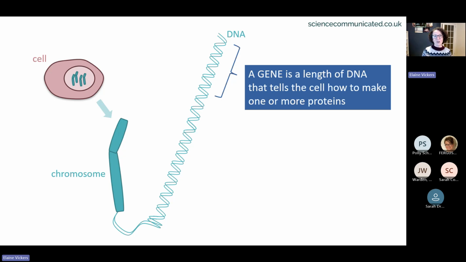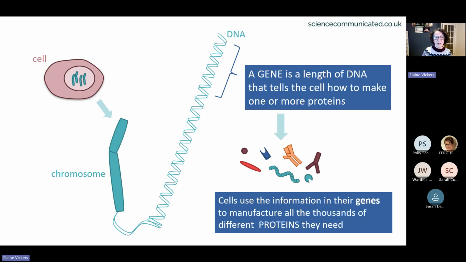It is a set of instructions telling the cell how to make a particular protein. And the proteins our cells make, there's tens of thousands of different ones. They come in all sorts of different shapes and sizes. They are constructed from tiny little chemicals called the amino acids, and the order of those amino acids is what is determined by the information in that gene.